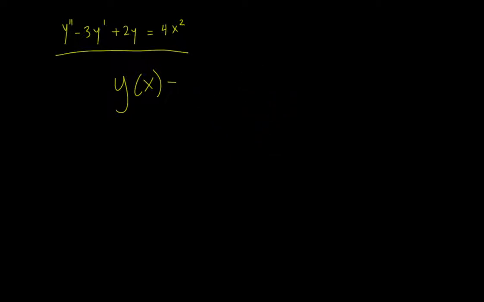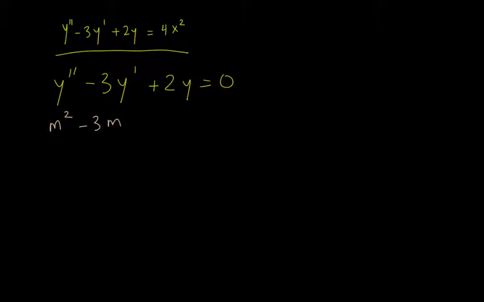To begin with, we want to find the y sub c by setting the right side equal to 0, so basically treating it as a homogeneous differential equation. So we have y double prime minus 3y prime plus 2y equals 0. Since we have constant coefficients here, we can just write the auxiliary equation, and that would be m squared minus 3m plus 2 equals 0.